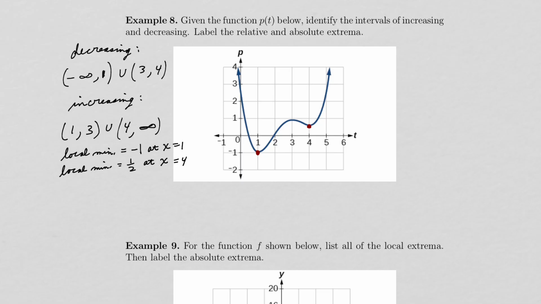And then are there any local maximums? Are there any hills? Yeah, right here at 3, right? And we'll say the output value, maybe not quite, but we'll say it's 1. So we'll say we have a local max equal to 1 at x equals 3. Okay, so this is a local minimum. This is a local minimum.